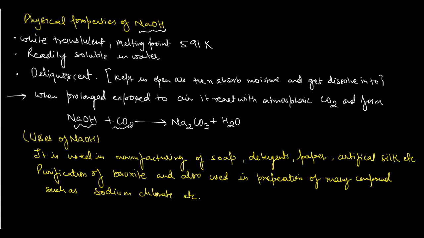You may have seen in experiments with NaOH and KOH, for example in the plant experiment, the plant releases carbon dioxide, and starch is made from carbon dioxide. We keep a plant in a chamber, and to remove the carbon dioxide from this chamber we just keep some amount of KOH in a petri dish.